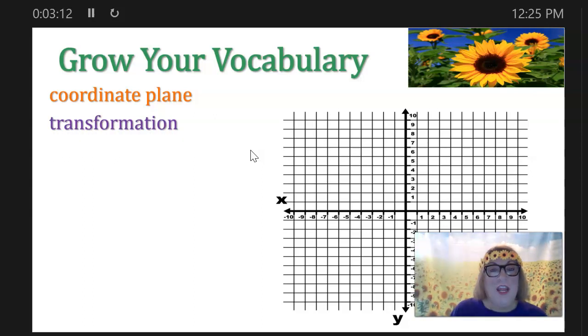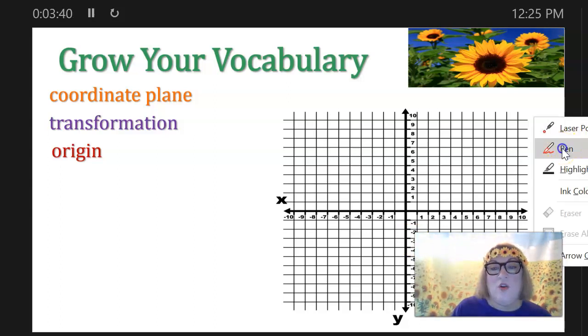Transformation is when we change the size, the location, or the orientation of a shape, or it could be a point or a line, by either a rigid transformation or a non-rigid transformation. So it's basically a process by which we change a shape or a point or a line in geometry on a coordinate plane.